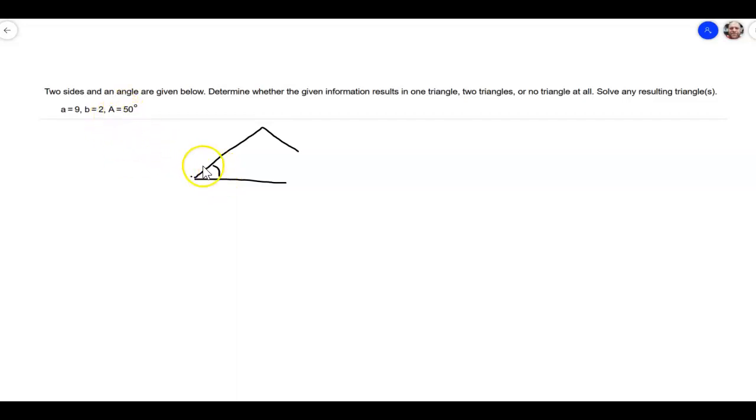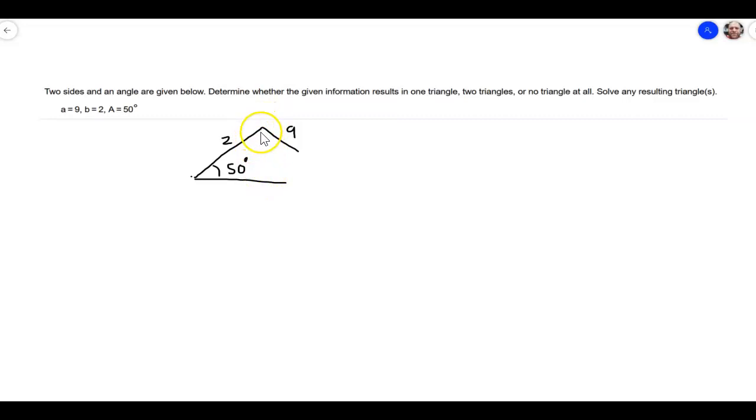For me, my angle is 50 degrees. My opposite side from my angle, from my big A, my little a, is a length of 9. And my side here, my adjacent side to that angle, is a measure of 2.